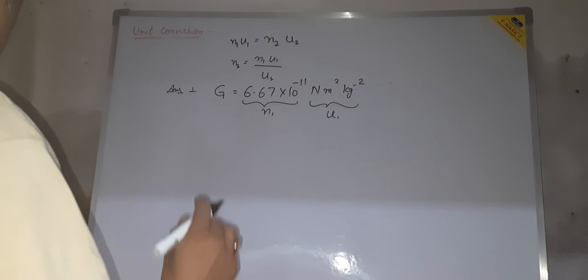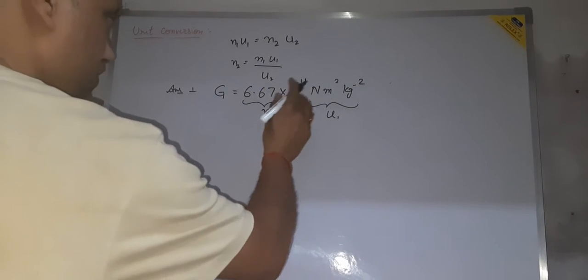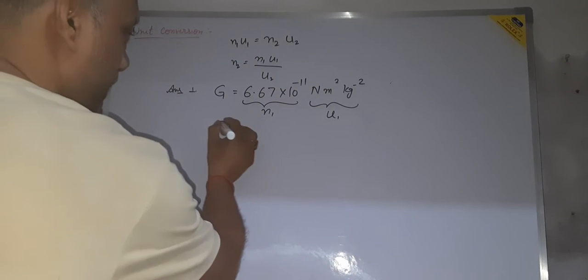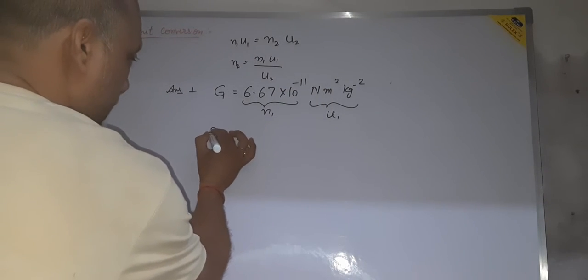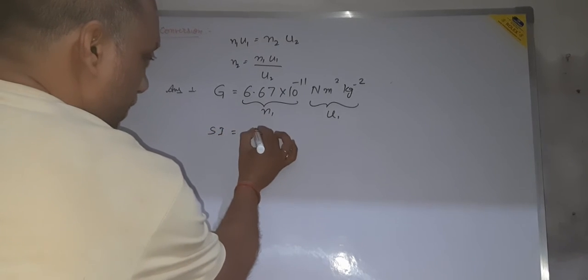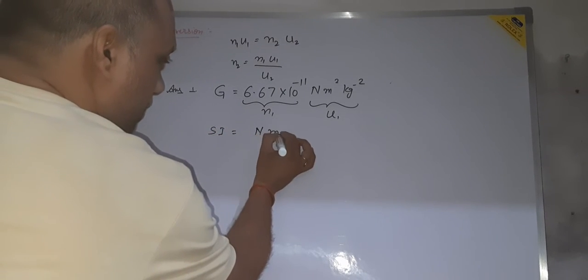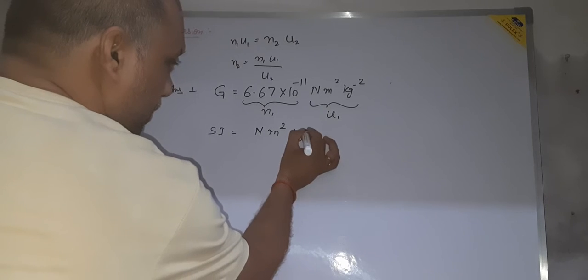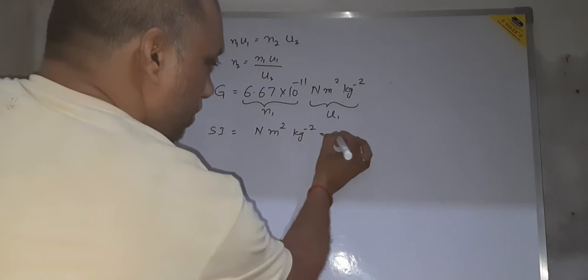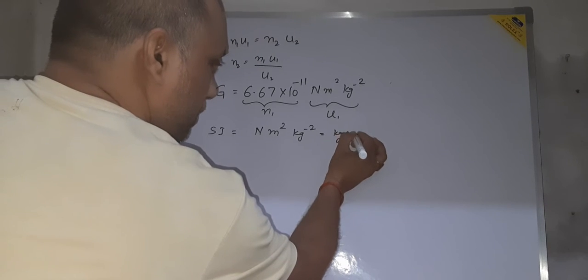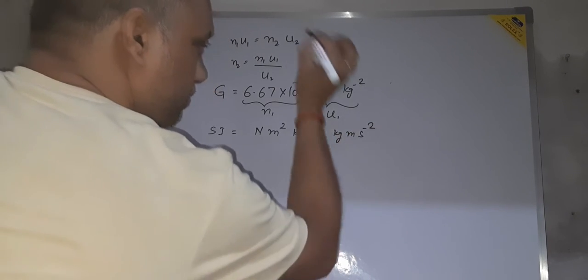So first I am writing here the SI unit. The SI unit is Newton meter square kg minus 2. 1 Newton means kg meter second minus 2.